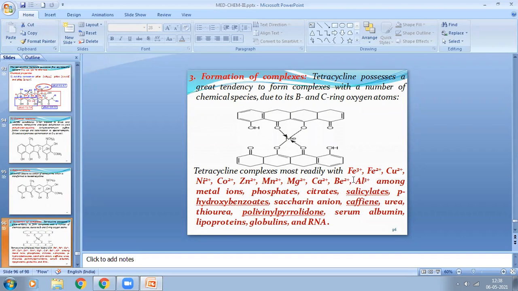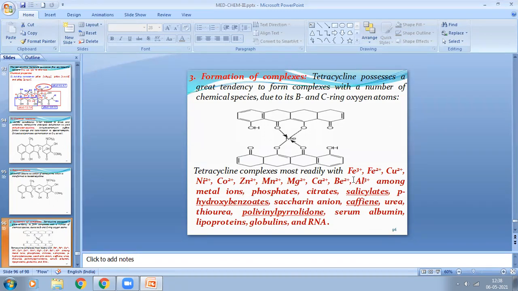So it will form complexes with the metals: iron, ferric or ferrous, cuprous, nickel, cobalt, zinc, manganese, magnesium, calcium, barium, aluminium, and other ions such as phosphate, citrate, salicylates, para-hydroxybenzoate, saccharin anion, caffeine, urea, thiourea, polyvinyl pyrrolidone, serum albumin, lipoproteins, globulins, and RNA molecules. These all are the chemical species which readily form a complex with the tetracycline.